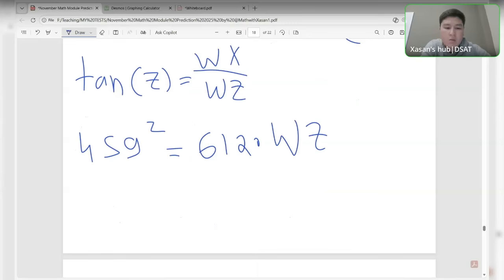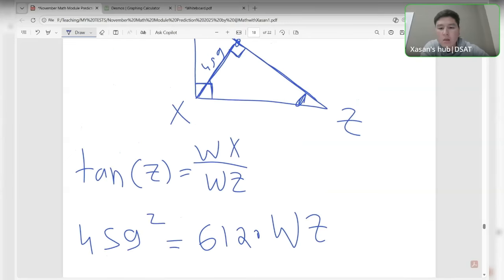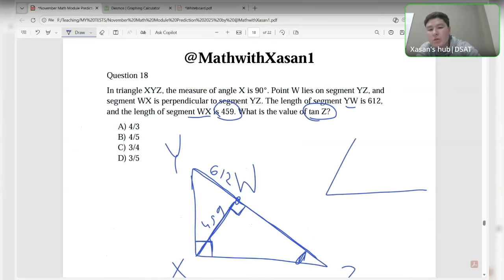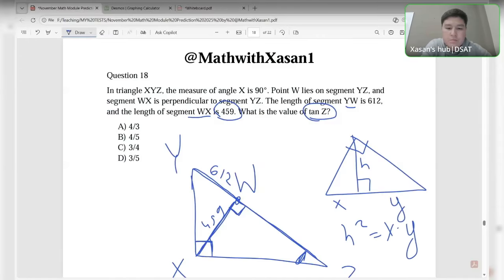This is the formula, guys, that comes from the projections. For example, this is 90 degrees, and this is 90, height, X, Y. And we know height squared equals X times Y. That's all.